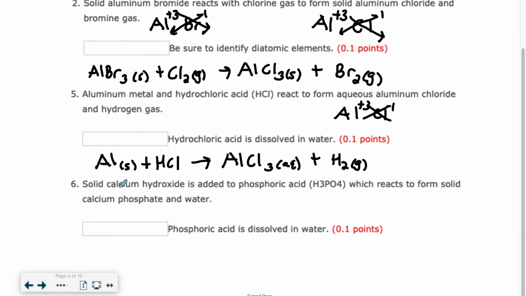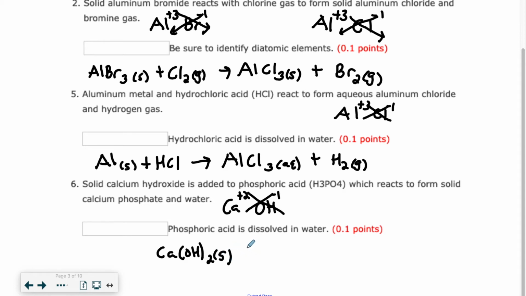For our next question, we have solid calcium hydroxide, and it is added to phosphoric acid. The calcium hydroxide, we have Ca with a +2 charge, OH with a -1 charge, and we're crisscrossing those down. Now, after I do this, that hydroxide is a polyatomic ion, so it needs to be in parentheses. So I have Ca(OH)2, and they told me that that was a solid.